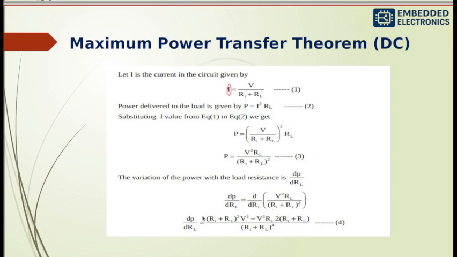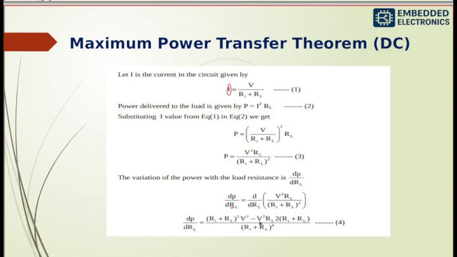First you need to write V as it is. U dash means V square RL dash. Here you need to take the derivative with respect to RL, right? So RL becomes 1 and V square is constant, so write as it is. Minus.